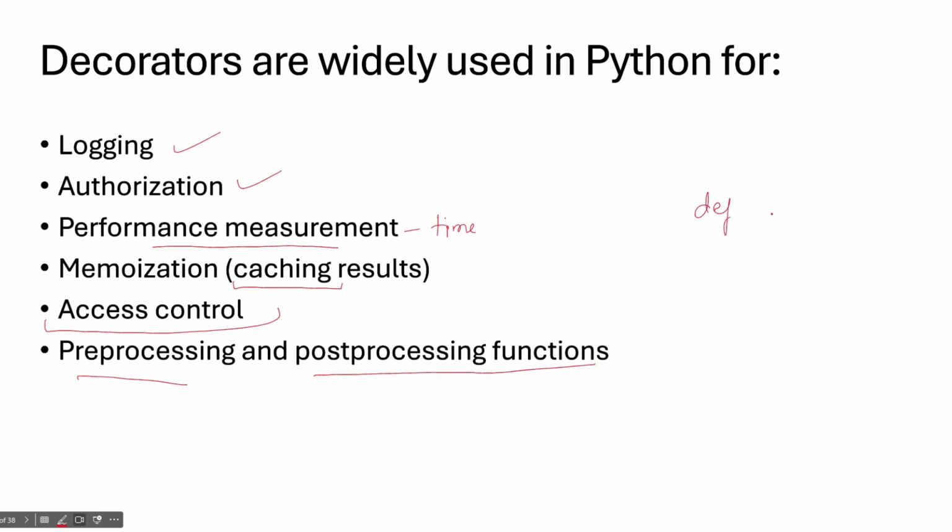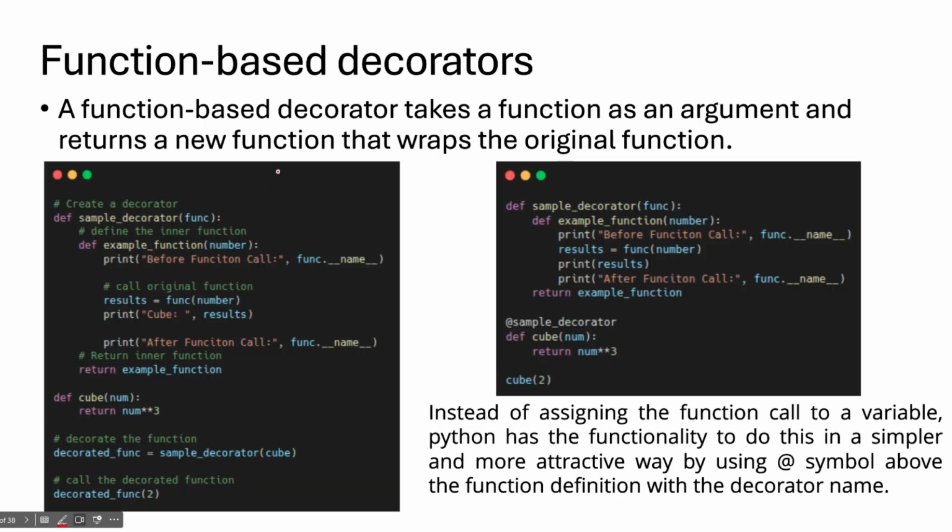Suppose you have a function named calculate distance, to calculate the distance between your restaurant and your customer's address. Before and after this you want to do some pre-processing, then you can add it via a decorator. How you can add this, let's see now.